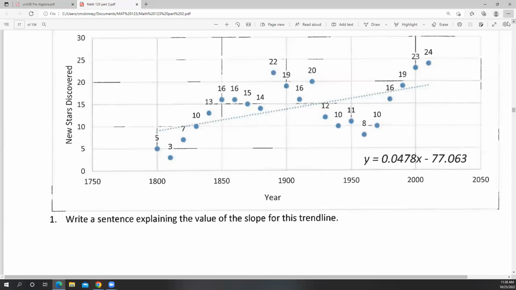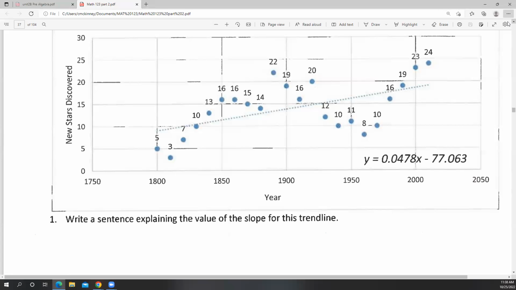How much? 8.977. Is that reasonable for where this line is touching? Yeah, because it's just below 10. So now we know we actually put the whole year in there, not just how many years past 1750.